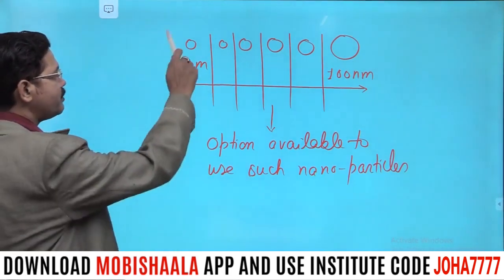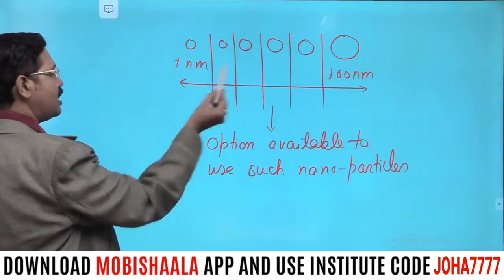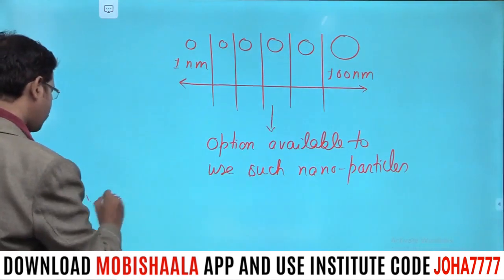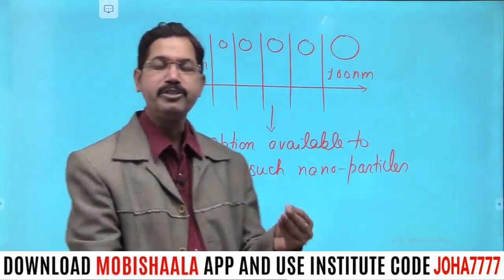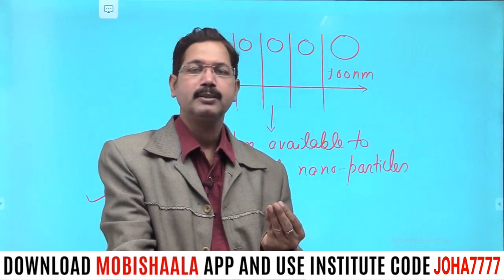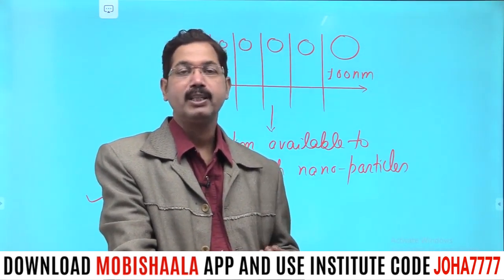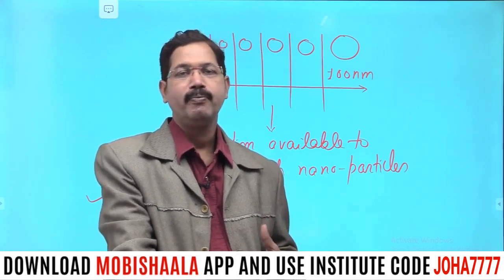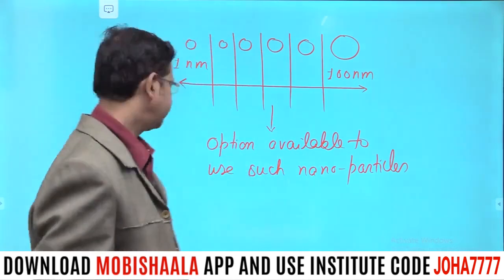So what happens when we convert a bulk material into a smaller one? The effect of this is what? There is a change in electrical conductivity, magnetic properties, fluorescence, and overall capability.